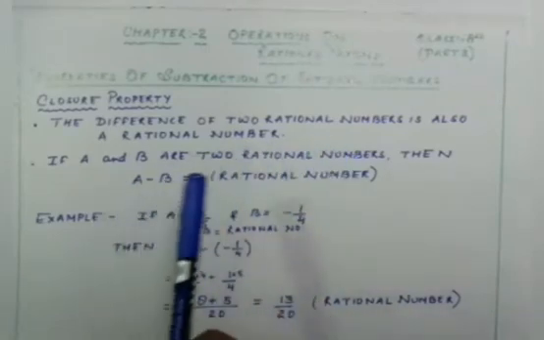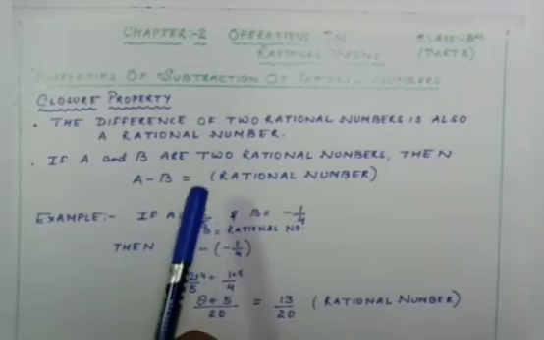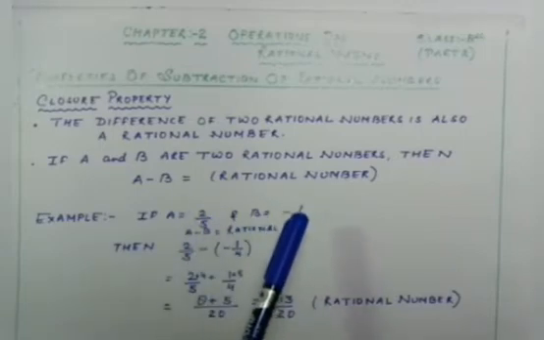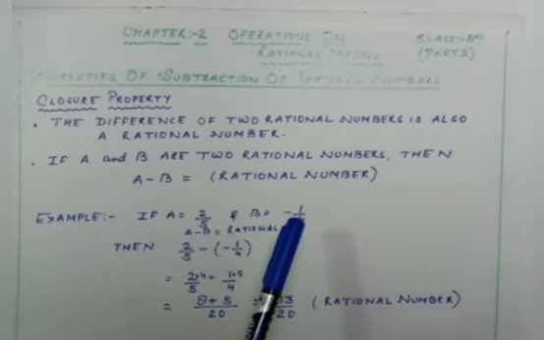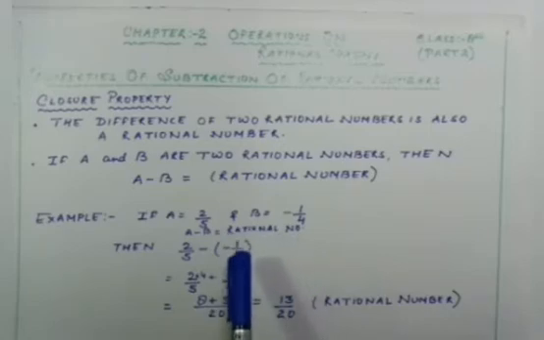Let us see with the help of an example. If a is equal to 2 upon 5 and b is equal to minus 1 upon 4, then according to the property a minus b is a rational number. So 2 upon 5 minus, inside the bracket, minus 1 upon 4. When I open the bracket, the sign inside the bracket will change.